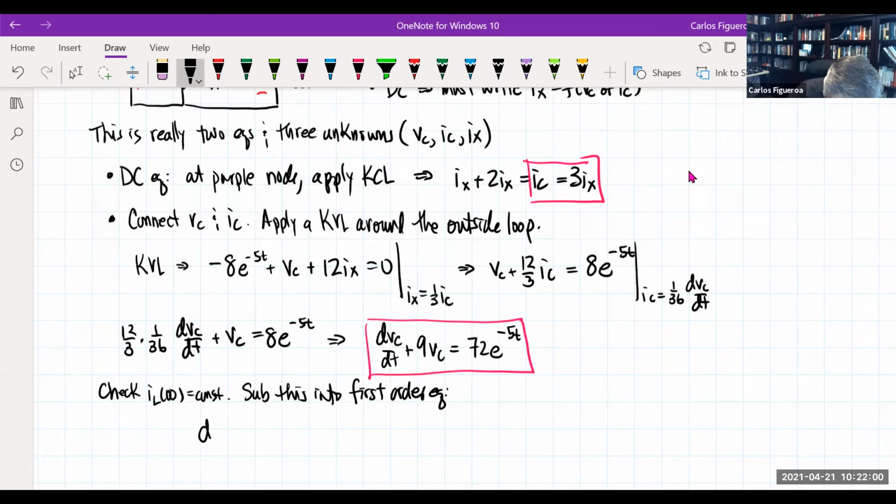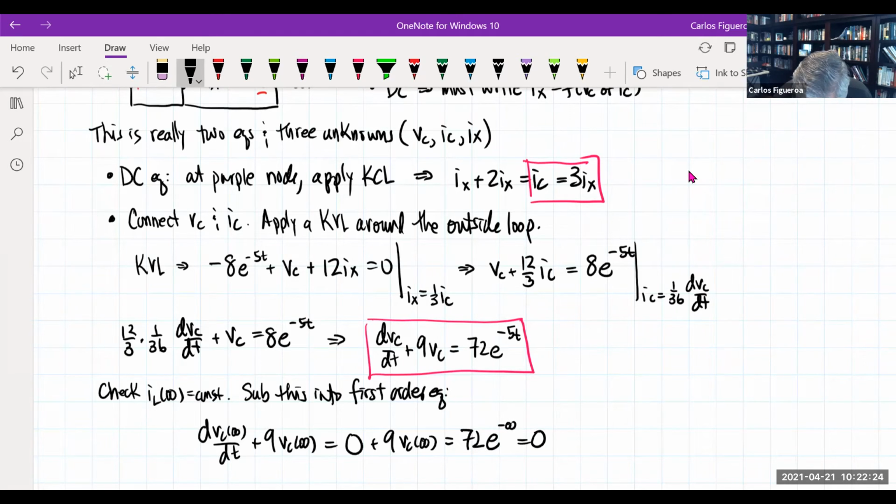I'm going to get dVC at infinity/dt plus 9 VC at infinity. And we can see here that the derivative has to be 0, plus 9 VC at infinity, and this has to be 72 times e to the minus infinity, which is, of course, 0. This tells us that VC at infinity should be 0.